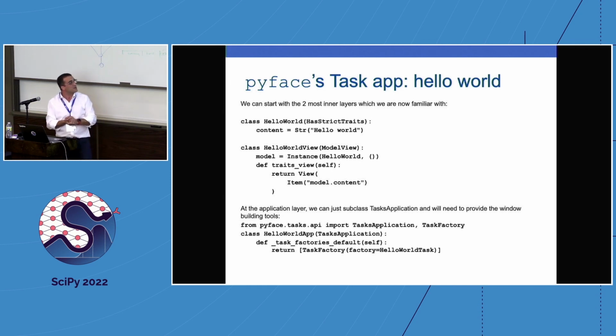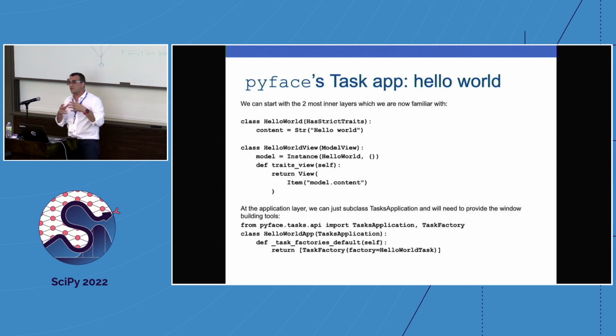Okay, so you guys have learned in the traits section that any traits class, you can initialize any of its attributes with an underscore, the name of the trait, underscore default. So that's what I'm doing here.